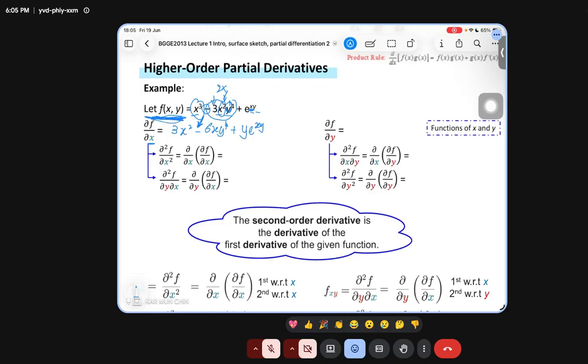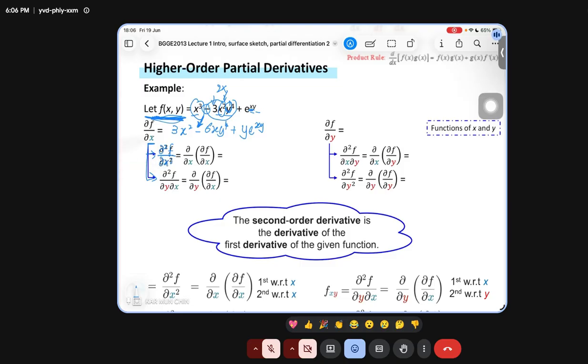After the first derivative, you can do the second derivative here. You can see there are two arrows. The first one is delta square f over delta x square.